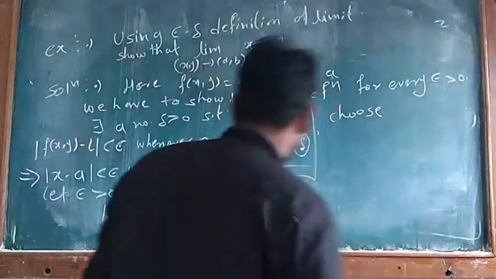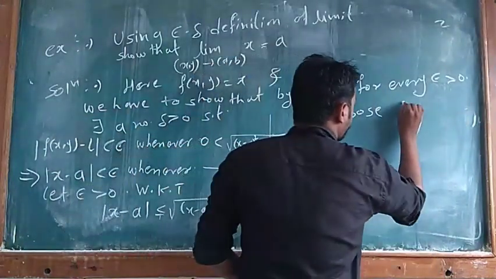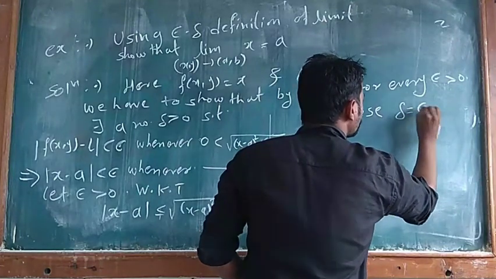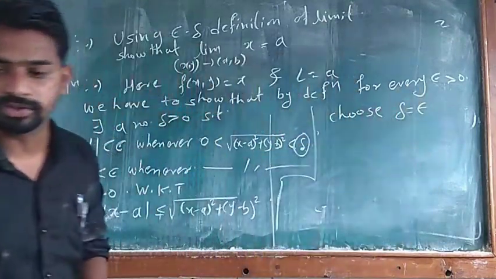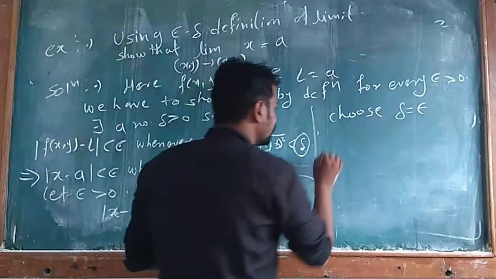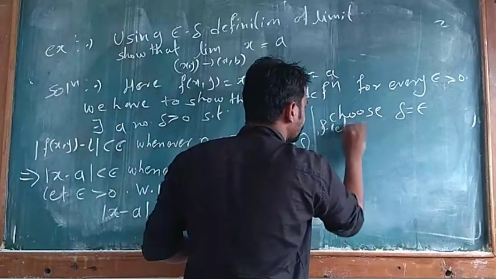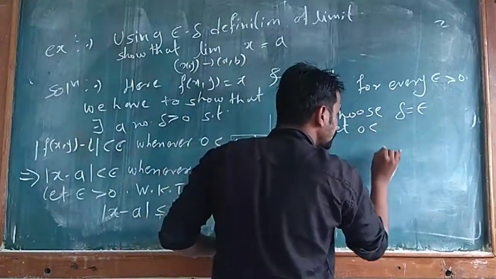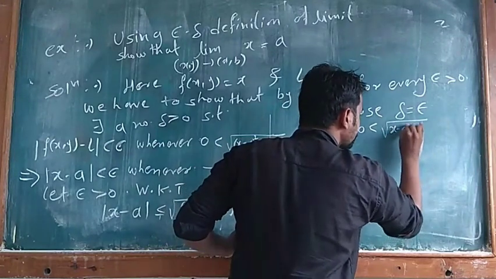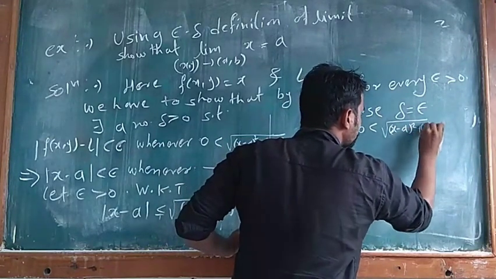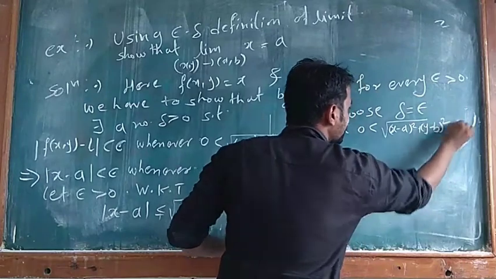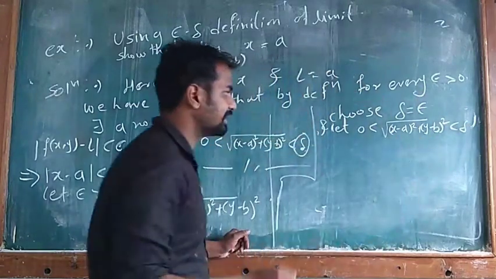So we can choose delta equal to epsilon, and let this condition hold, that is, 0 is less than the square root of (x minus a) squared plus (y minus b) squared, which is less than delta.